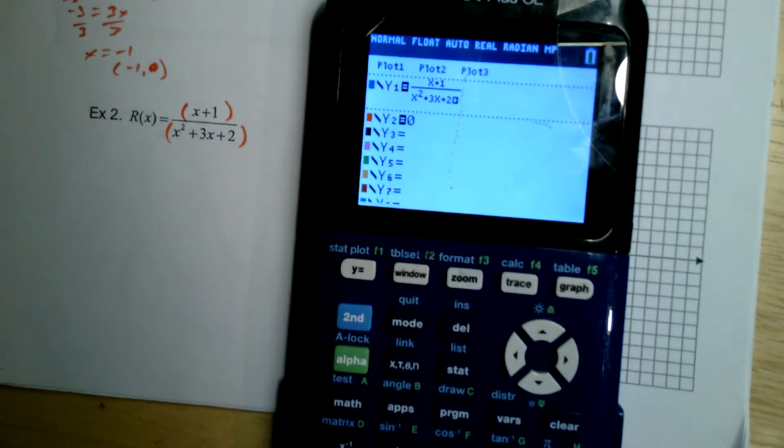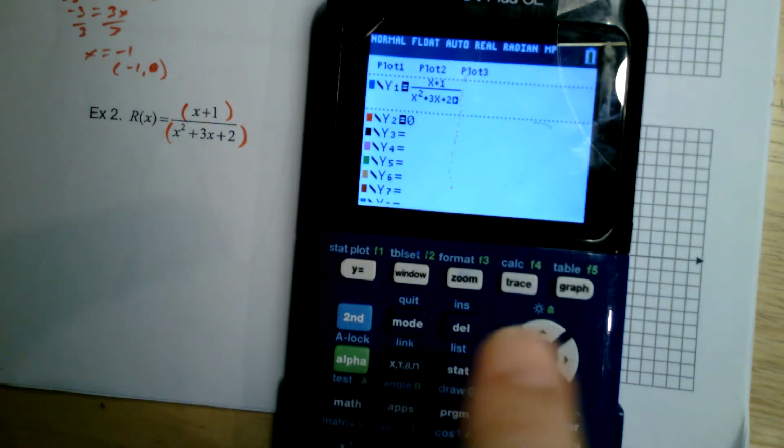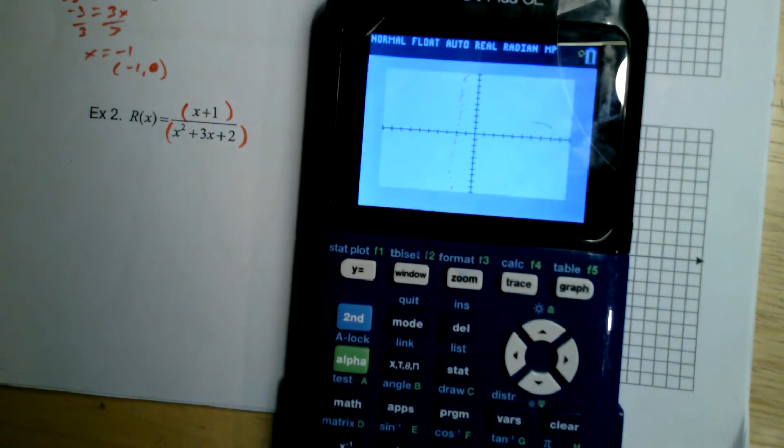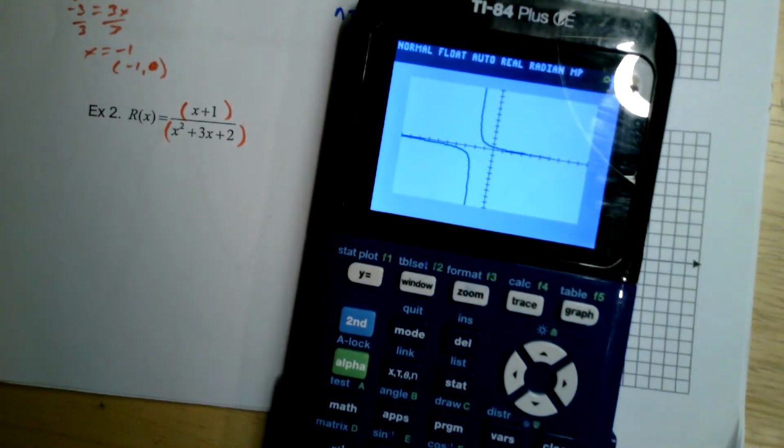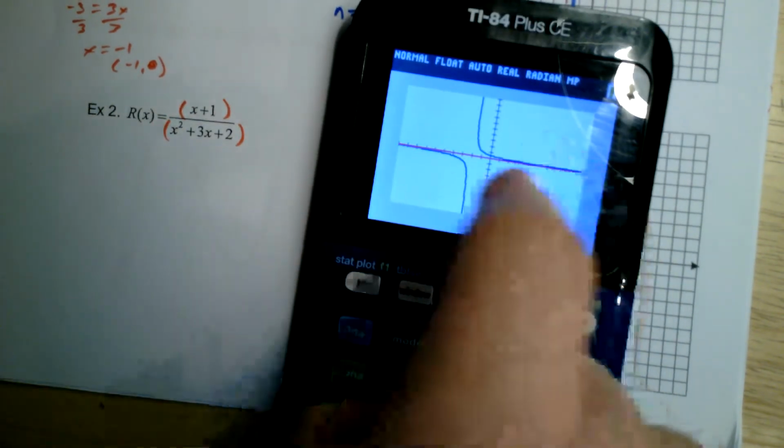Okay, I also have y2 is 0. I've got x plus 1 divided by x squared plus 3x plus 2. Okay. I'm going to go zoom 6, zoom standard. So that gives me a nice pretty graph here. Okay. And there we go. We got a nice graph.